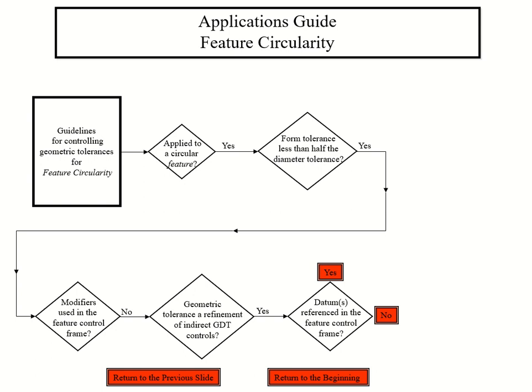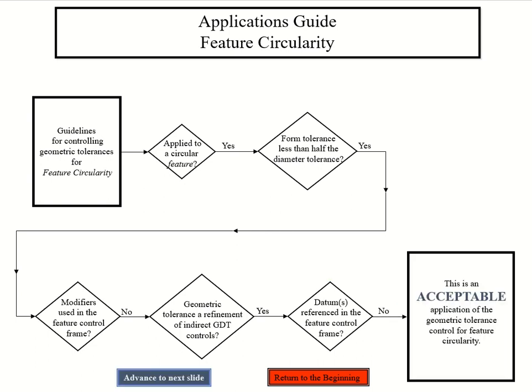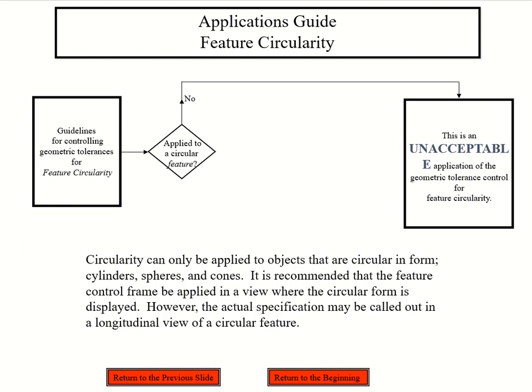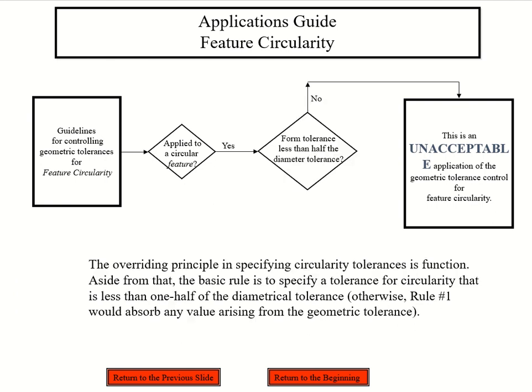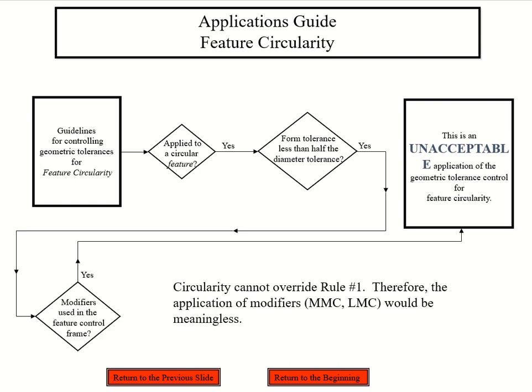Yes, then we look at the datum, the same thing. Now you should get it by now, I've been reading this again and again for you. Datum reference in the feature control frame: if it doesn't apply to your circular feature, it's not acceptable. If your form tolerance is not less than half of your diameter tolerance, unacceptable. Then we look at modifiers used in the feature control frame.